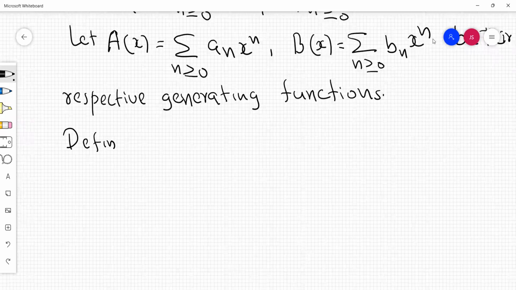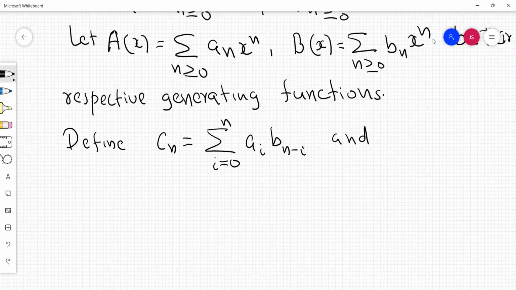Define C_n equal to the sum from i equals 0 to n of a_i b_(n-i), and let C(x) be equal to the sum over n greater than or equal to 0 of C_n x^n.